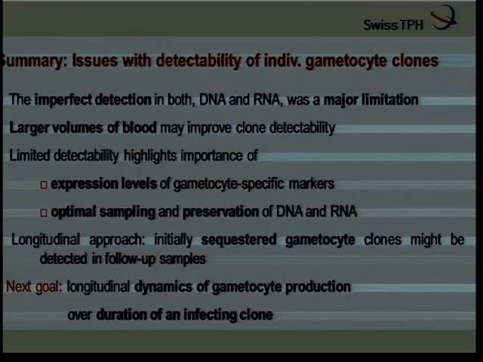That is our next aim, because it's possible that we see a gametocyte which is sequestered at an earlier time point, maybe at the time point 2 weeks later. So this would be our continuous work to study the infection dynamics of individual parasite clones.